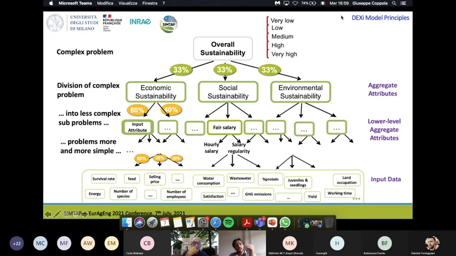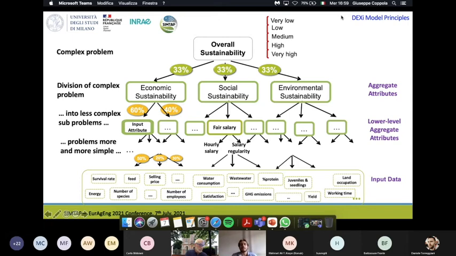So we see how the general problem of sustainability has been divided into three simpler problems, the three economic, social, and environmental dimensions, and then how each of these dimensions, each of these aggregate attributes has been divided into another layer of simpler problems of other aggregate attributes, and so on and so forth, up to the input data. This way, a sustainability assessment tree is built, and the input data on the bottom of the model can be thought as the leaves of the tree.